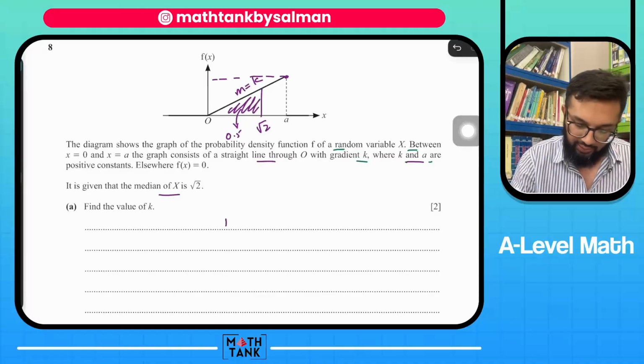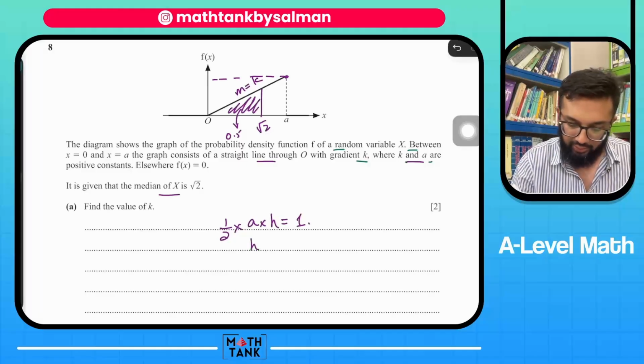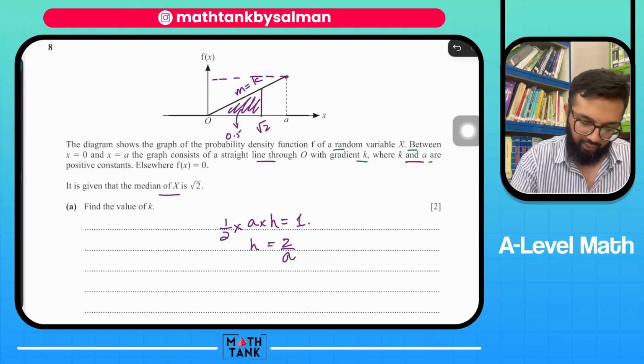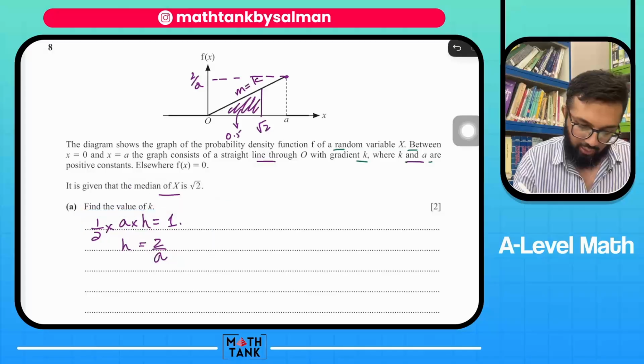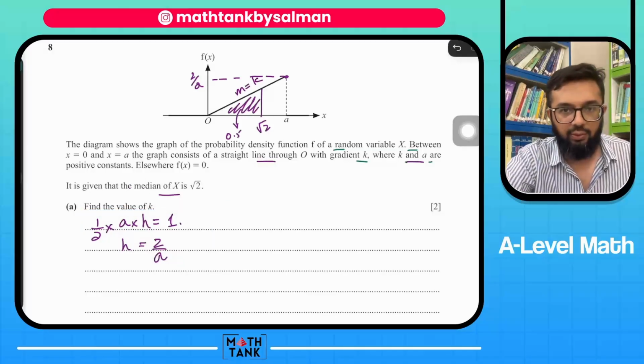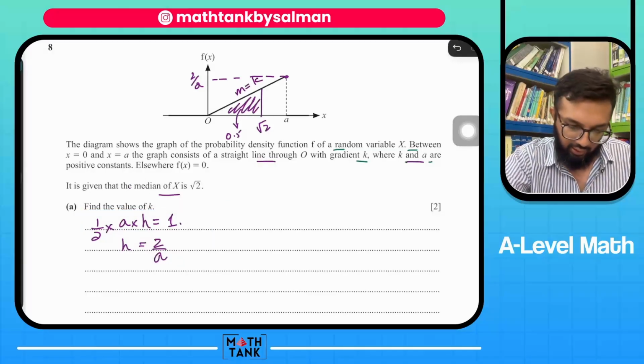So first, can I say that half base into height is going to be 1? I don't know what the height is. I'm going to say that I get 2 over a as the height. I just have to find the value of k in this regard, right?